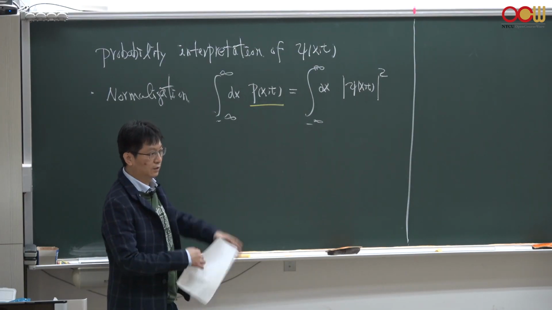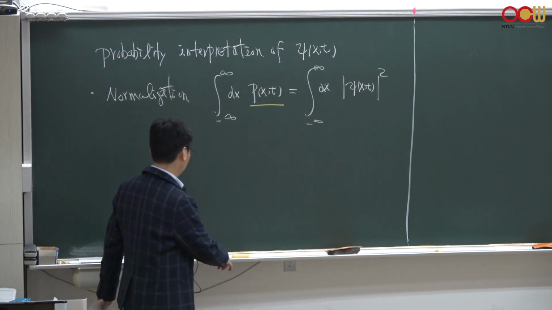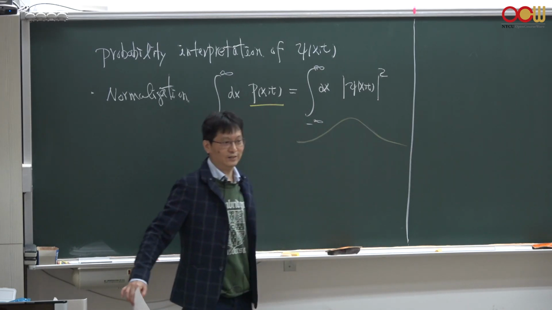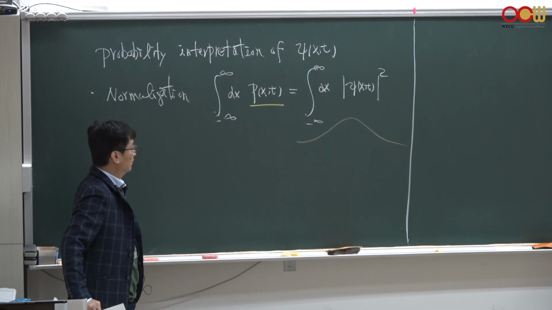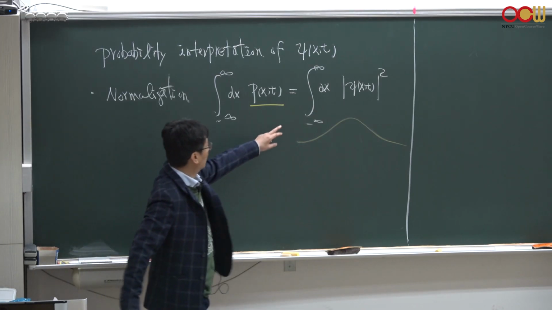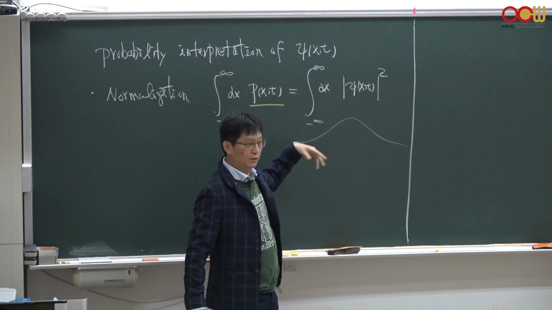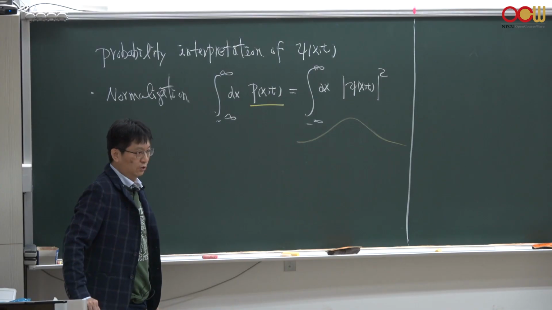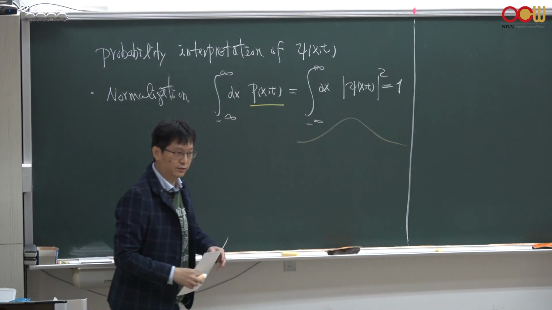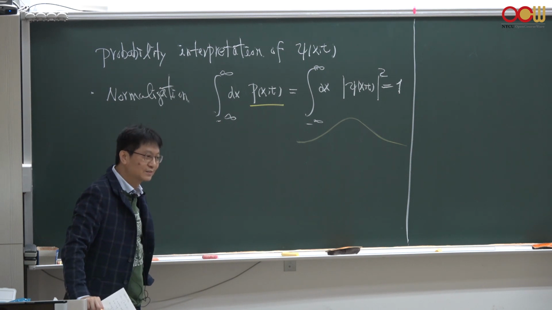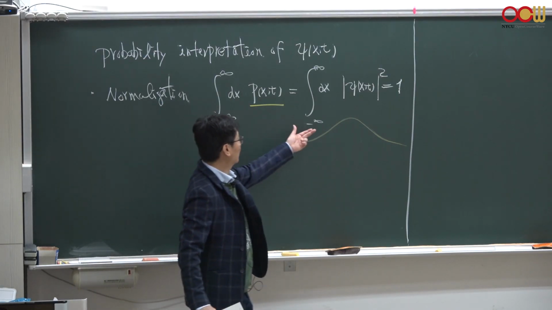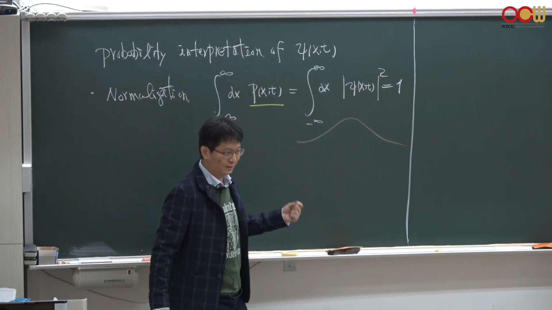Of course, this is a distribution function, right? So it has some peaks and dips and vanishes at plus and minus infinity. But we know that if you sum over all the probability density, you must get the normalized value, which is 1. This tells you that you can always find the particle in the universe. If you try hard enough, you should always find that particle.